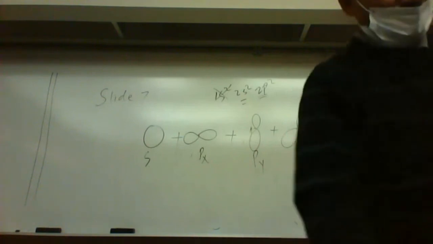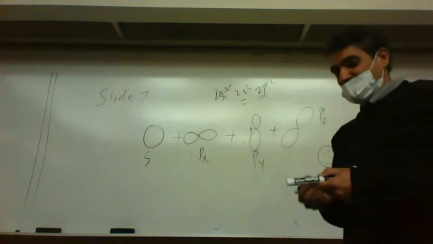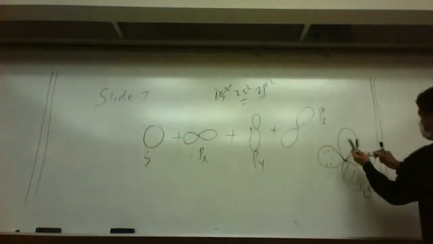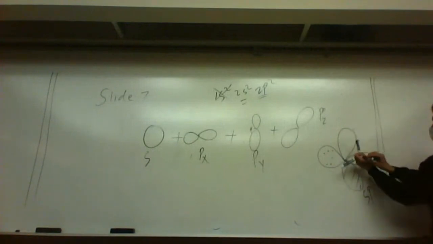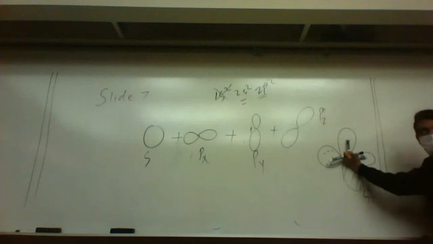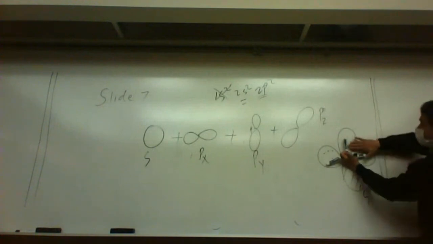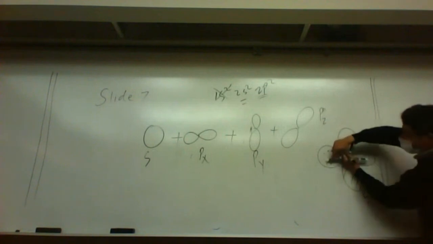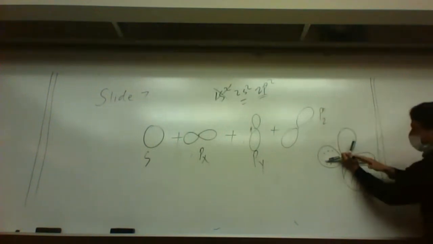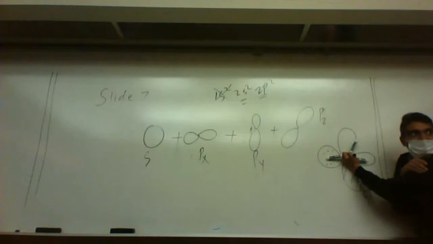If you want to make a model of this, it looks like this. If I hold this one like this, you see here? Make sense? This one is in the plane of this board, and this one is also in the plane of this board. This one is trying to penetrate this board and go away, and this one is coming toward you.